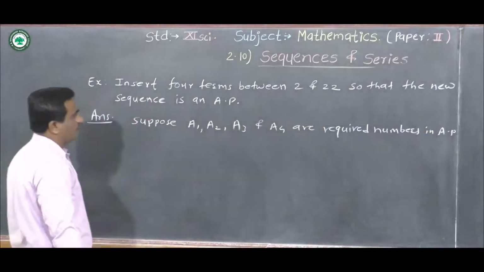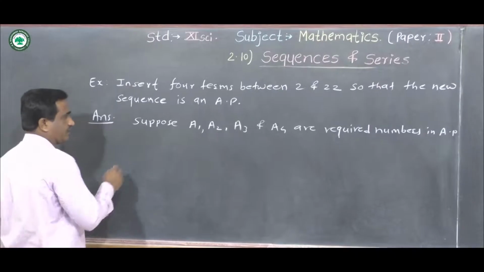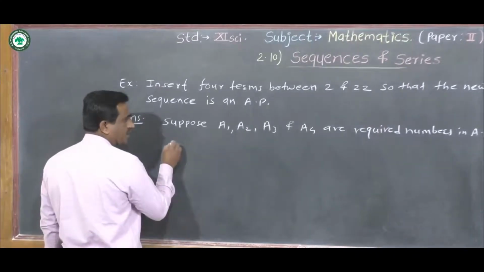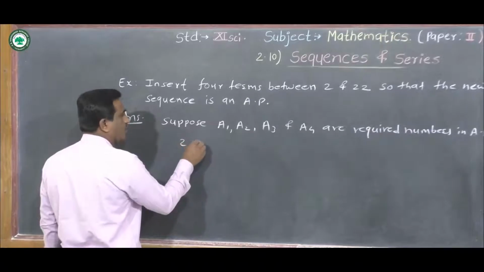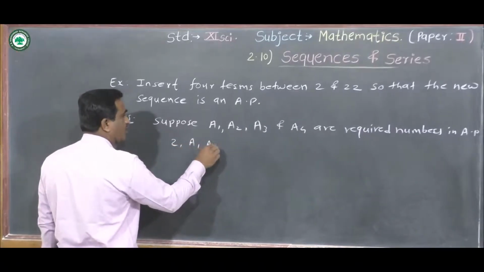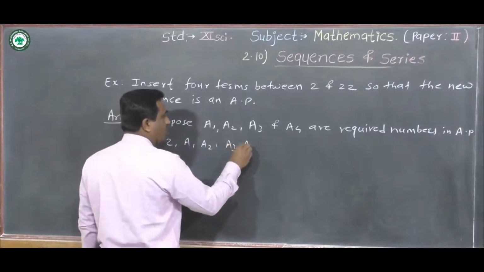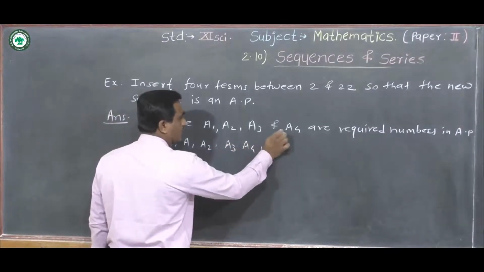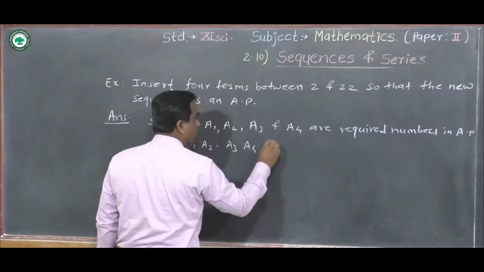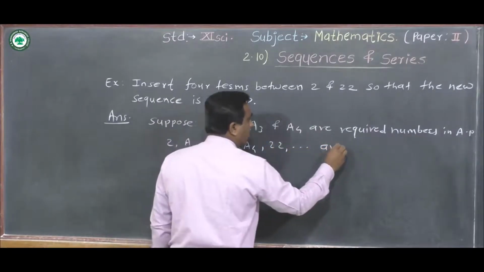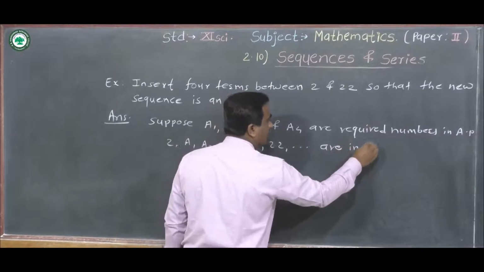Okay, therefore we can write the arithmetic progression using these numbers: 2, A1, A2, A3, A4, 22 and so on are in arithmetic progression.